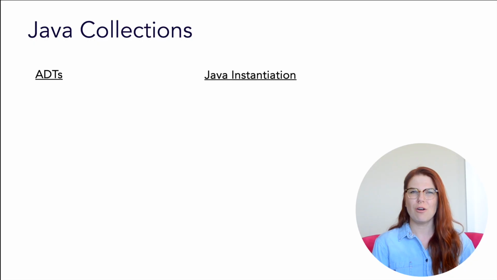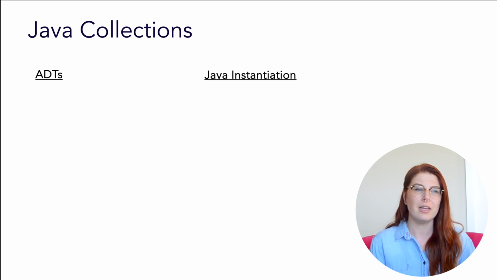Now that we know a little bit more about ADTs and data structures, let's look at how we actually instantiate or create these magical data structures that we're going to use in our interview solutions. So here are some examples of how you would actually create a new object that you can start to fill with your own data in Java.